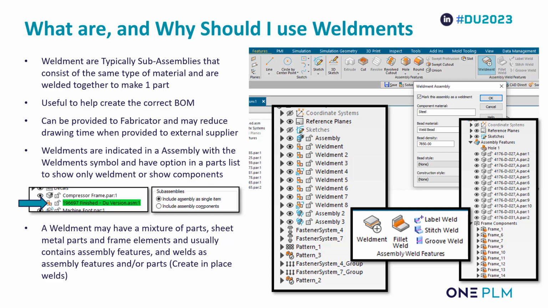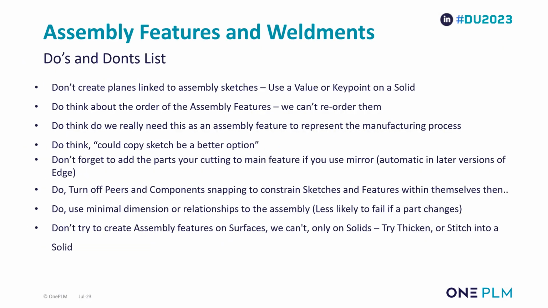We can see how that weldment is indicated. Weldments can also be a mixture of parts, sheet metal, frame elements, and even sub-assemblies. And these will often contain assembly features and weld features. And we can also create parts in place to represent welds using the features command as well. So some do's and don'ts.